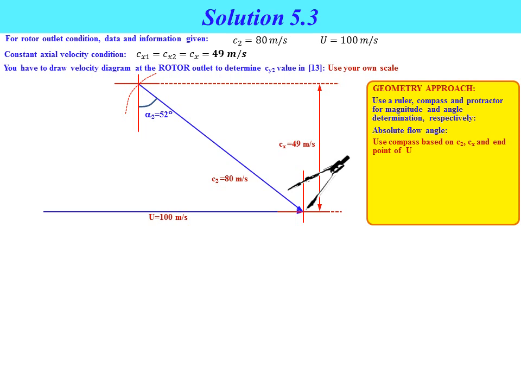And from the line of C2, using the protractor, we can determine the absolute flow angle value, which is equal to 52 degrees. So alpha 2 equals 52 degrees.